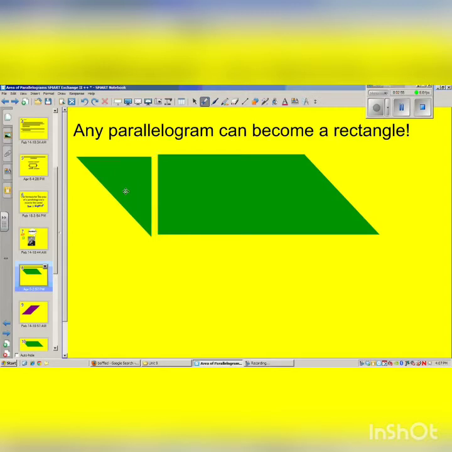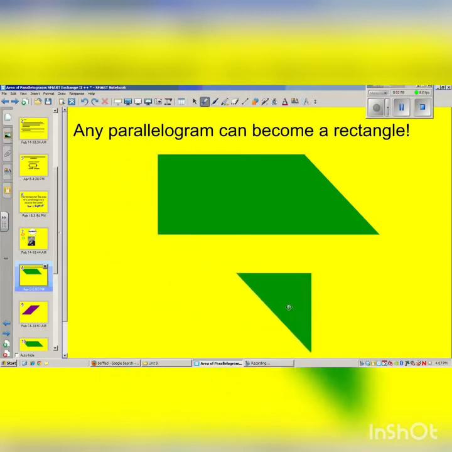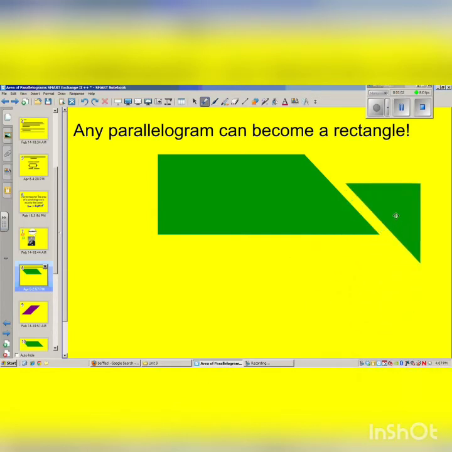I'm going to just take a piece off of the one side, and watch what happens when I bring it over and reattach it on the other side. Boom, a rectangle. Let's watch that again. Parallelogram. Boom, rectangle. So any parallelogram can become a rectangle.